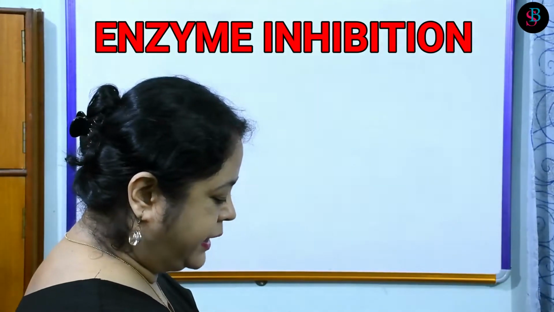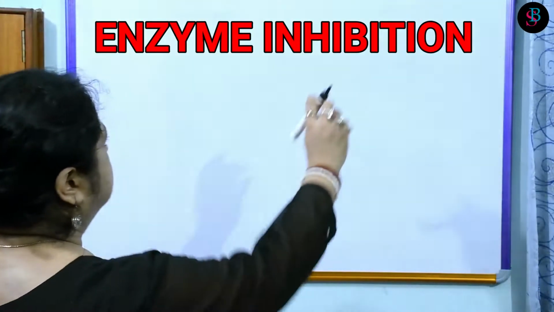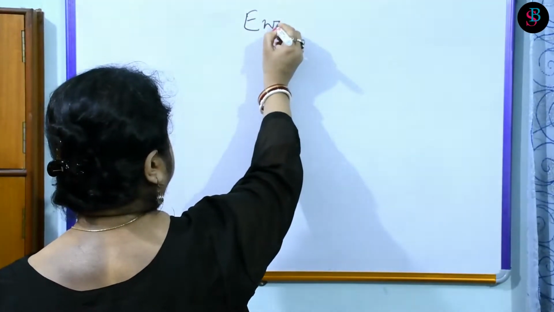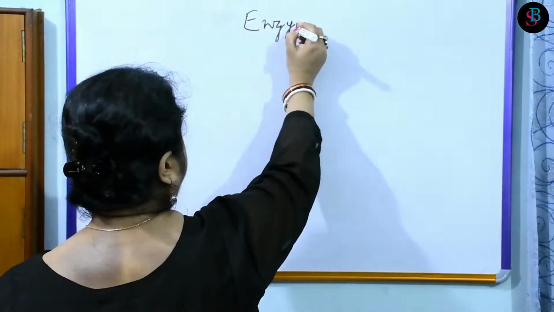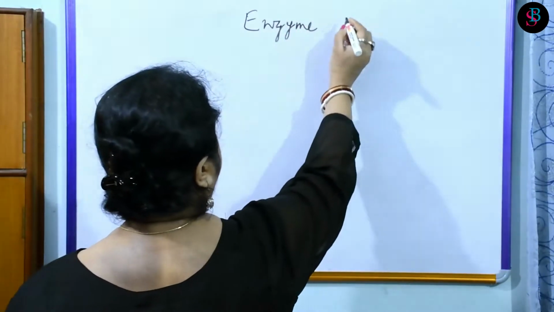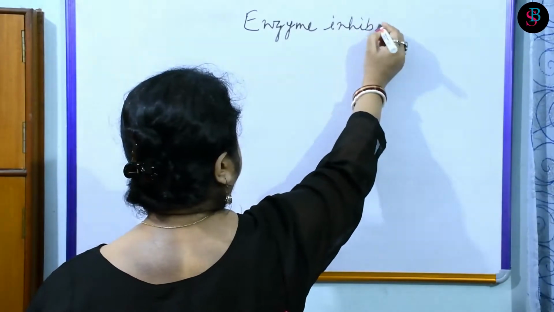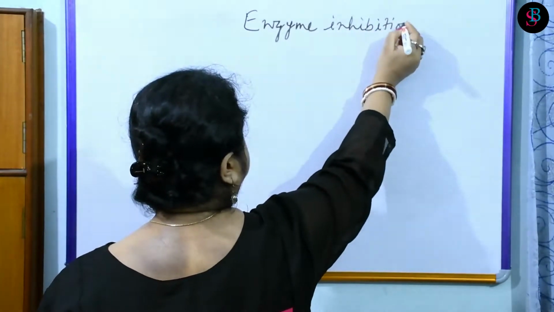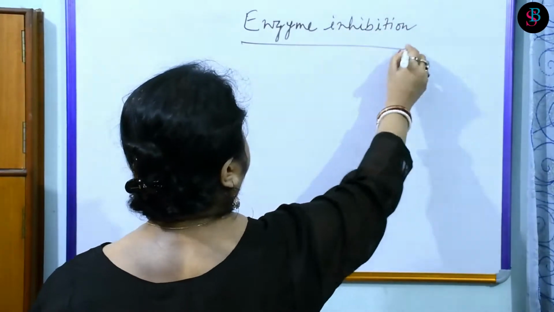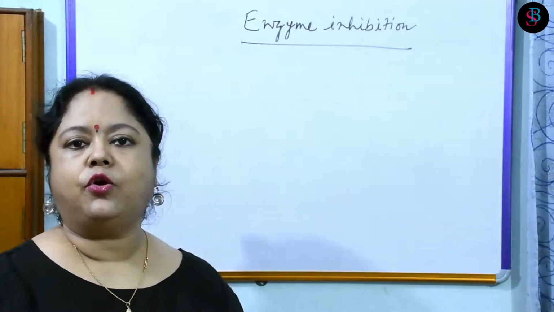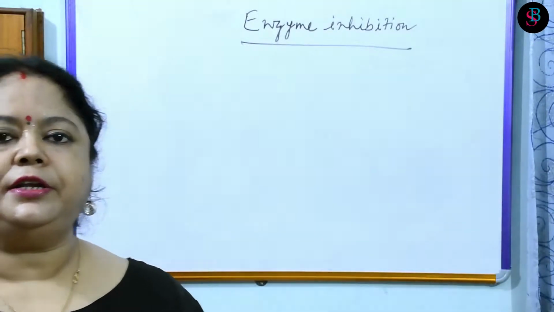The function of the enzyme sometimes gets inhibited. What are the conditions when the functions are inhibited? It's known as enzyme inhibition. There must be some materials or substances which inhibit the activity of the enzyme, and according to that, these are classified.